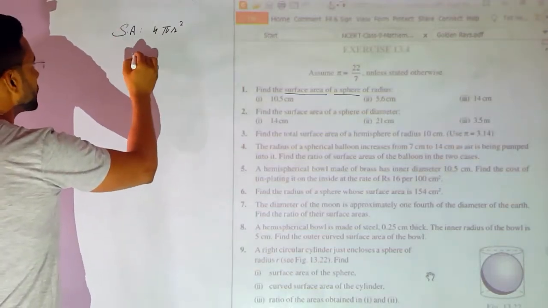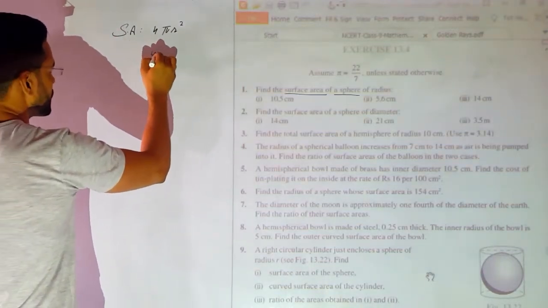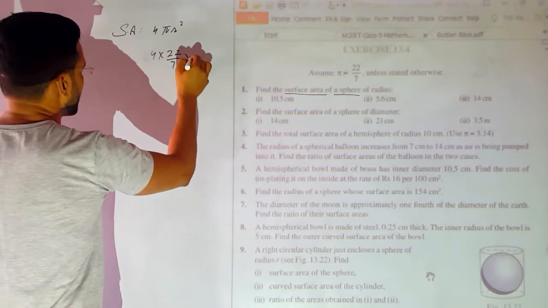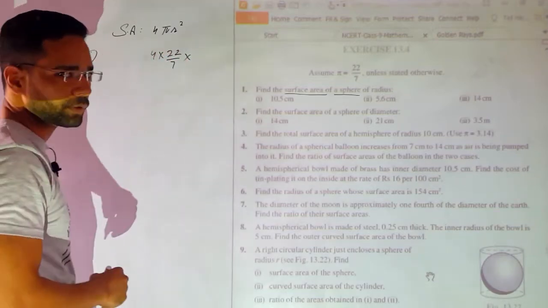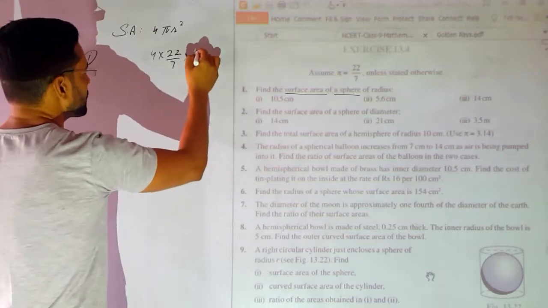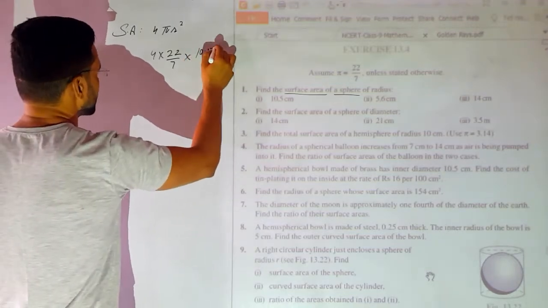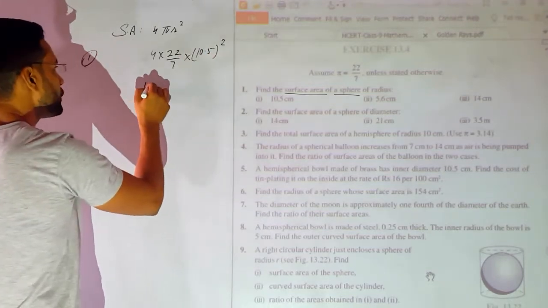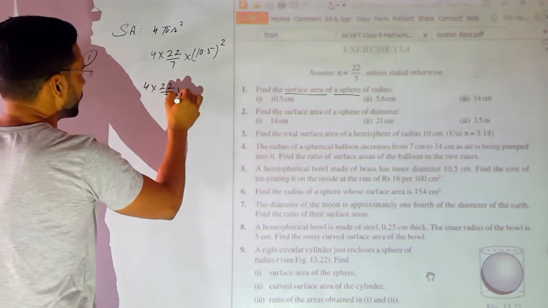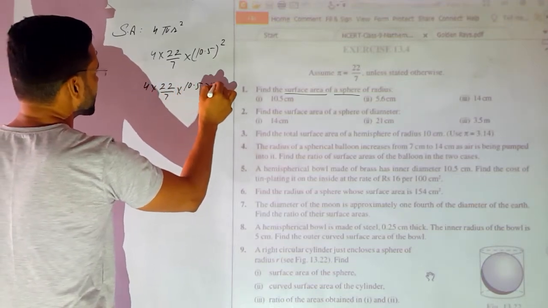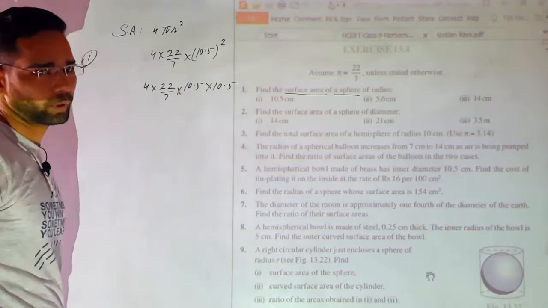Surface area is equal to 4, pi is equal to 22/7, and r square is equal to 10.5 square. It means you have to put 10.5 two times, 10.5 multiplied by 10.5.